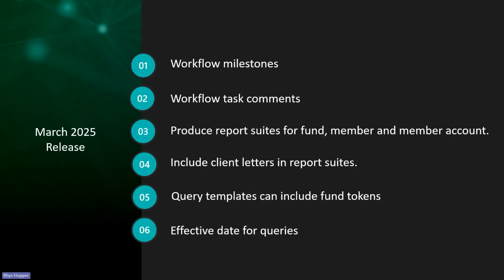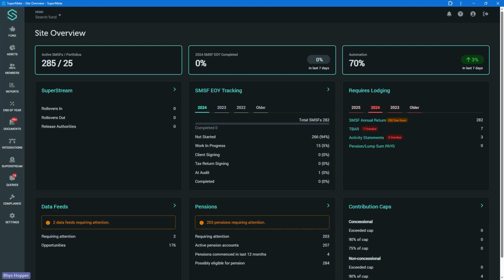You might remember back when I did the workflows webinar, I was showing off that we have this end of year tracking, and you can also have an end of year workflow set up. Well, with that end of year workflow, you can also set up milestones.